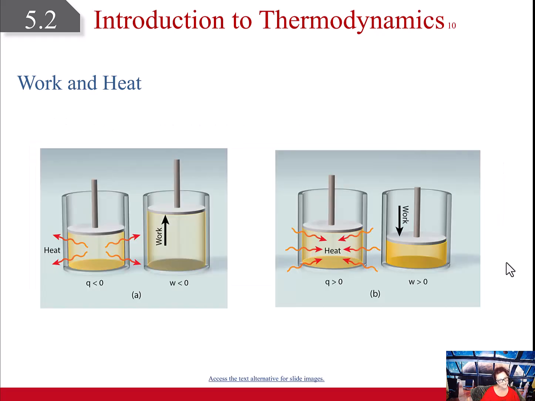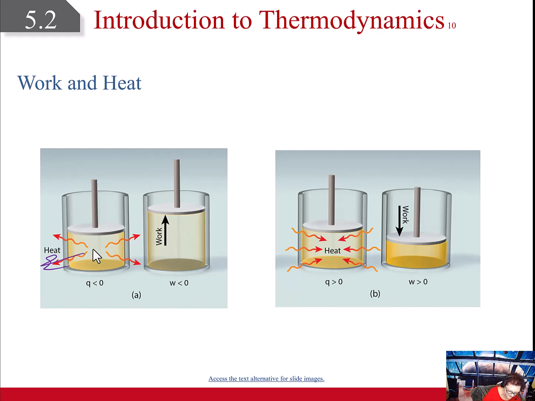So here's my piston that I was talking about as the example. All right. So if Q is less than 0, that means it's a negative number, then it's going to be releasing heat.